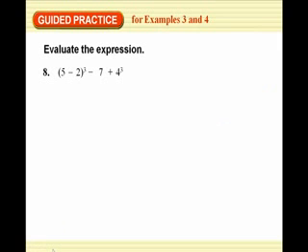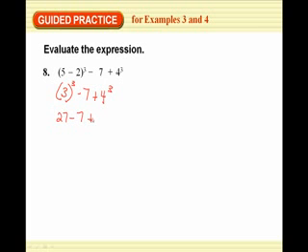All right, number 8, the guided practice. For this, we do the parentheses first, which is right here. 5 minus 2 is 3. That's to the third, minus 7 plus 4 to the third. 3 to the third means 3 times 3 times 3. 3 times 3 is 9, and 9 times 3 is 27.